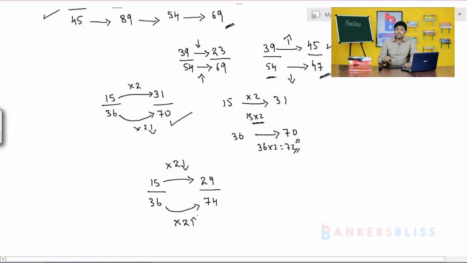Numerator less than twice it is increased, denominator more than twice it is increased. So if this is the case, then the numerator increasing rate is less than the denominator increasing rate. If this is the case, the resultant fraction value will be lesser than the previous one. So therefore 29/74 is lesser. Okay, therefore 15/36 is the highest fraction among these two.